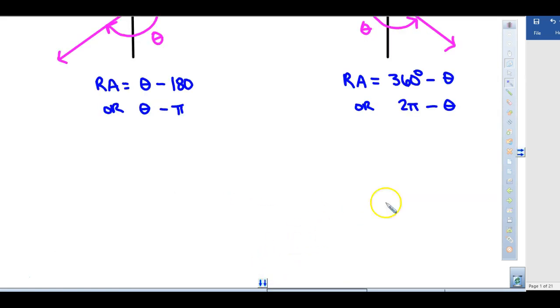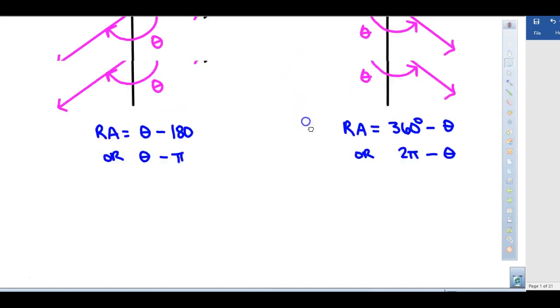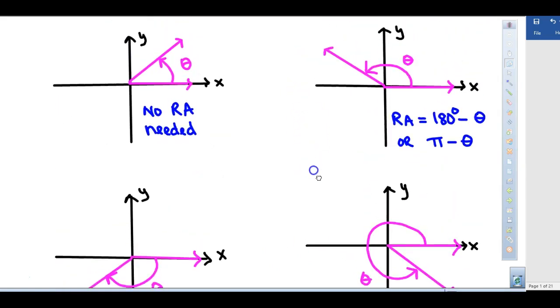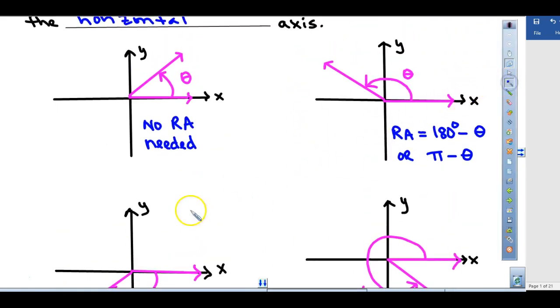So if you look down here, I've drawn 4 different scenarios of reference angles, one scenario for each quadrant. If you're in the first quadrant, no reference angle is needed. RA stands for reference angle, because all angles there are already acute and already positive.